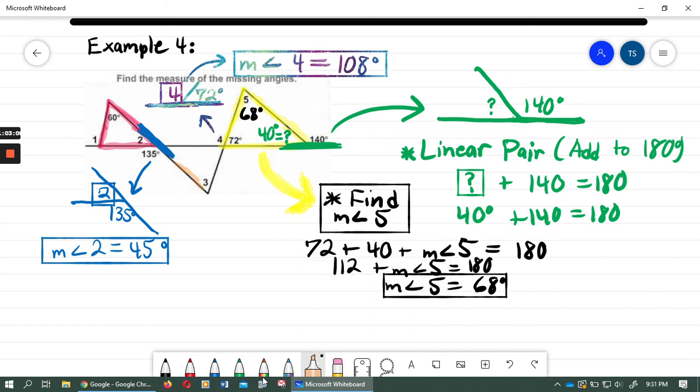I'm going to highlight that in orange. Now let's focus on this third triangle, and we're going to look at some other types of angle pairs that are going on here. So this third triangle right here. Let's do it, y'all.